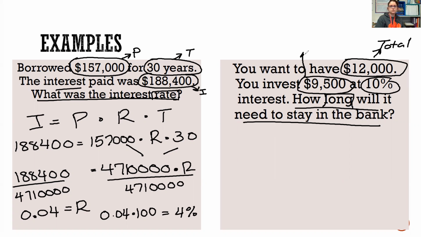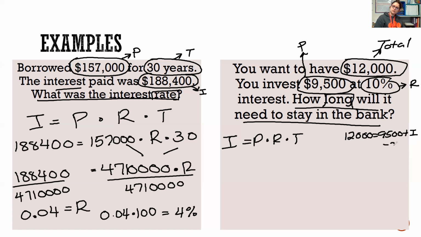You invest, that's how much you start with. There's your principal, here's your rate. Because we're looking for time, that means I need to find I.